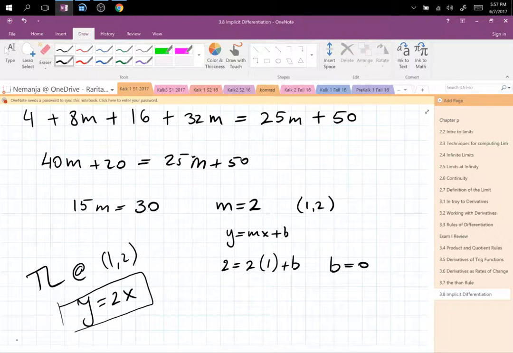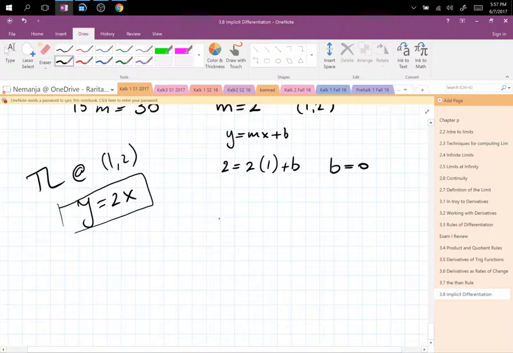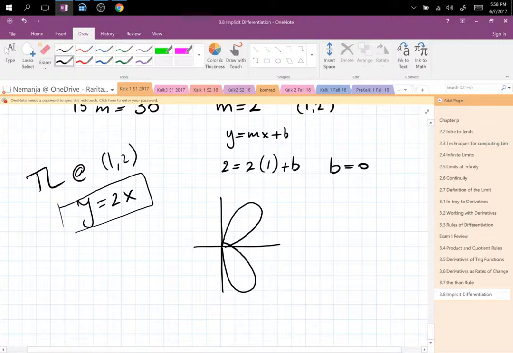How does this look? That's the graph for this function. It's not a function, it's a curve. That's how it looks.